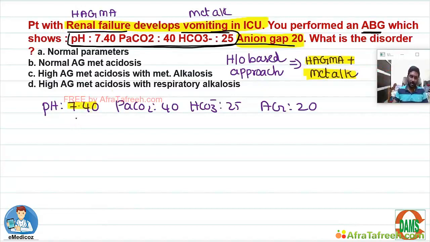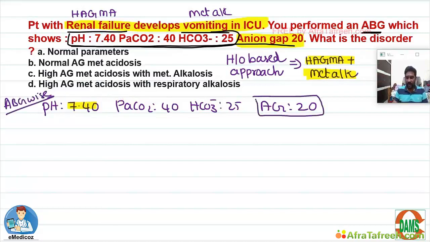Now coming to the ABG-wise approach. Most important here is high anion gap with pre-existing clinical scenario, renal failure and vomiting. Whenever there is high anion gap with relevant history, you should always take it as significant.